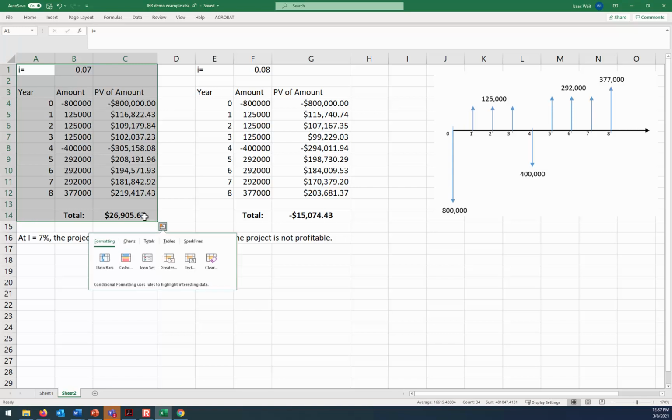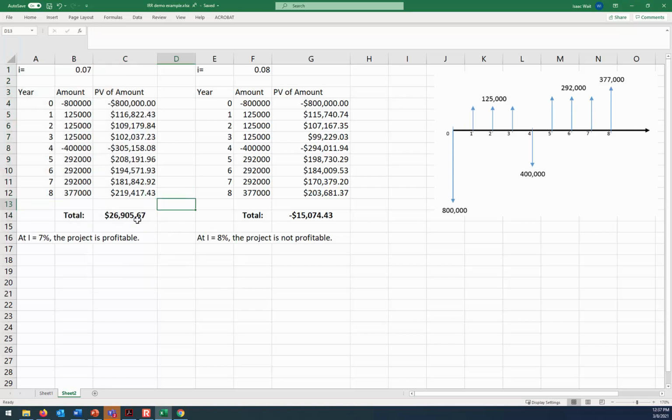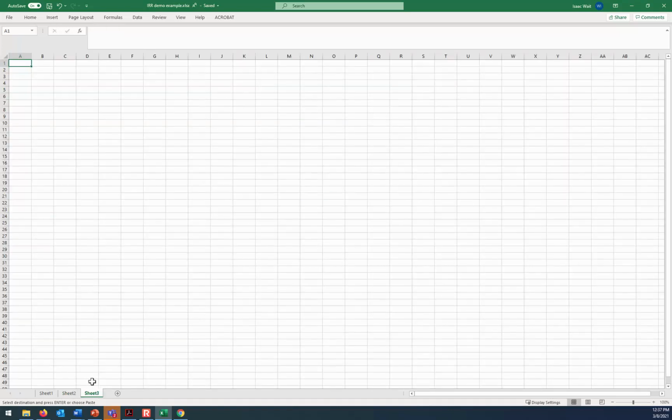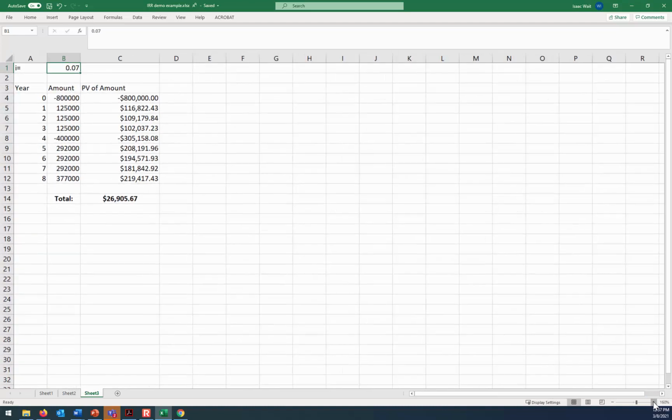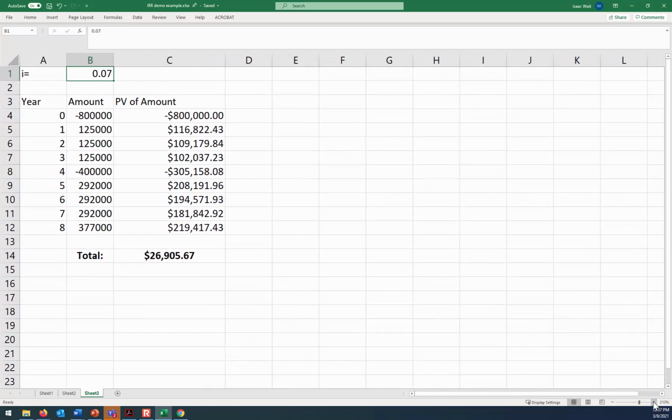So if you press Control C, highlight it all, Control C, and then start a new worksheet, Control V to paste it, and all right. Keep changing the interest rate until you get what amount of interest will bring the total to 0. Let me pause for a second so you can do that.